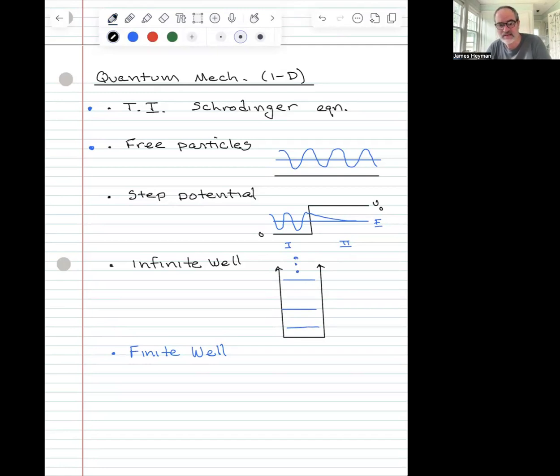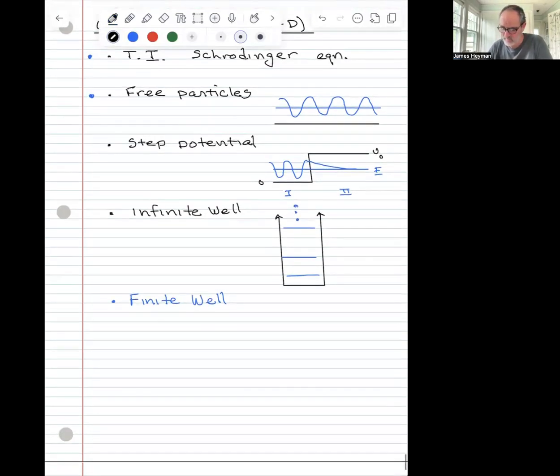Finally, we're going to come today to the finite well. What's the finite well? Well, it's just like the infinite well, except it's finite. The height of the barrier is finite, not infinite.